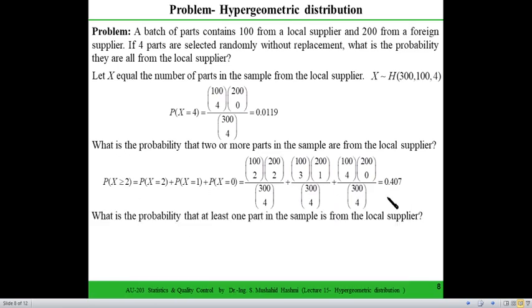And if the supplier says that at least one part in the sample is from the local supplier, at least 1 means X is greater than or equal to 1, which is 1 minus the probability that X is 0. So 80.4% is the probability that at least 1, 2, or 3 parts would be from the local supplier.